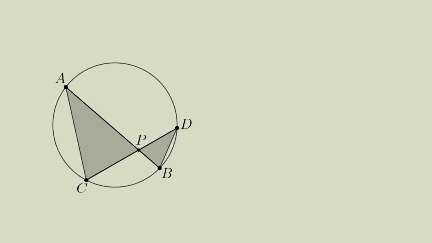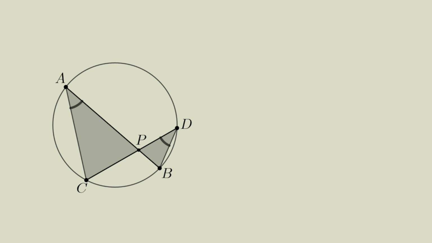Look at the angles A and D. Do you remember what we have studied about such angles in circles? Yes, think about it. That's correct. These are angles in the same arc, and so they have the same measure.